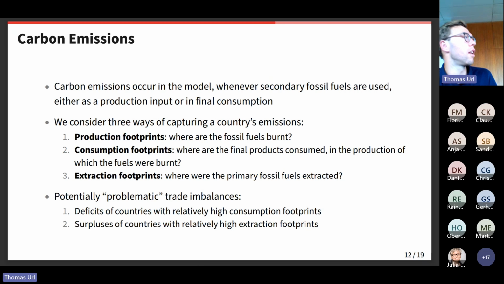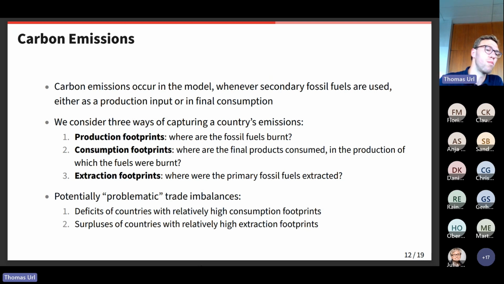The first is only whenever you use fossil fuels, when you use petroleum in the production to produce goods, then it's accounted to your country, to your footprint. The petroleum doesn't have to be sourced from your country. You can buy it from somewhere else. The petroleum comes from Saudi Arabia, for example.